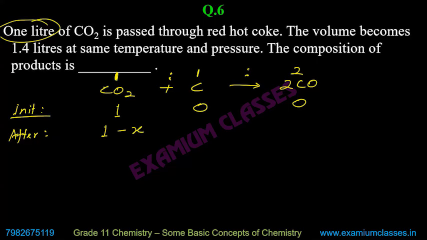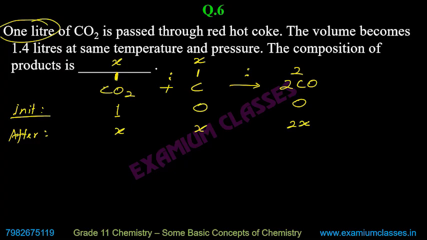So if 1 mole of carbon dioxide reacts with 1 mole of carbon, it means if X moles of carbon dioxide react, they will react with X moles of carbon. This should be very clear. So if I'm writing, X moles of carbon dioxide react with X moles of carbon, they will produce 2X moles of carbon monoxide.